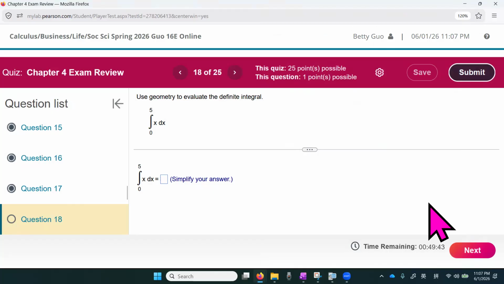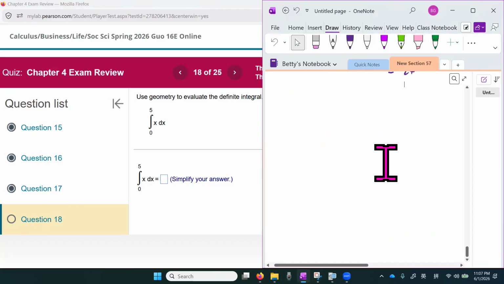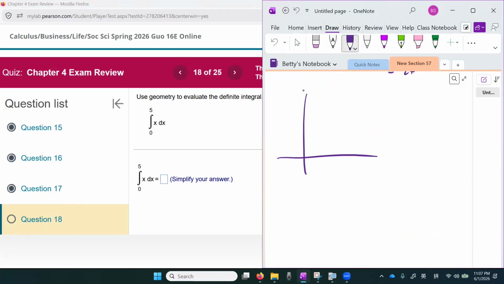Question number 18. We can also use a similar method with geometric significance. So the function is y equals x, the bisector of quadrant 1 and quadrant 3, right? And from 0 to 5. So we are basically looking for the area of this triangle.